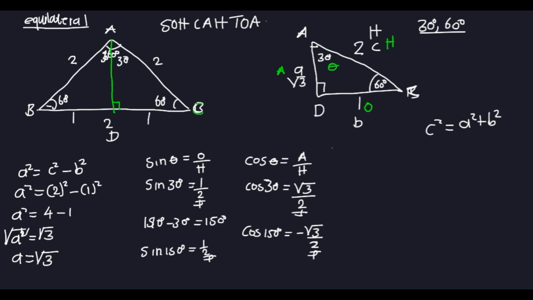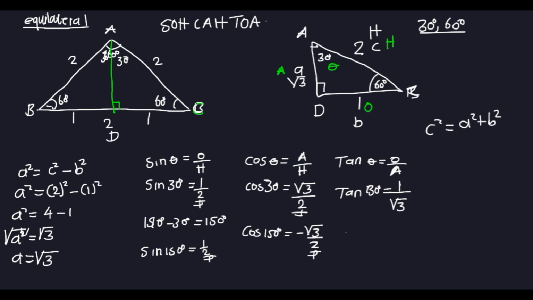Okay, let's move on to tan. Tan theta is equal to opposite over adjacent. So tan 30 is equal to opposite, which is 1, over the adjacent, which is root 3.